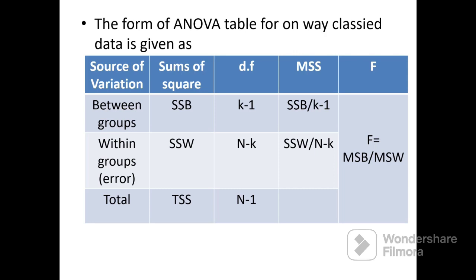Our test of significance procedure is the same for ANOVA as well as other test of significance techniques. First we calculate the test statistic value. Then we compare it with the tabulated value given in the tables. Certain standard tables are there, so for the F test statistic also we have F tables.